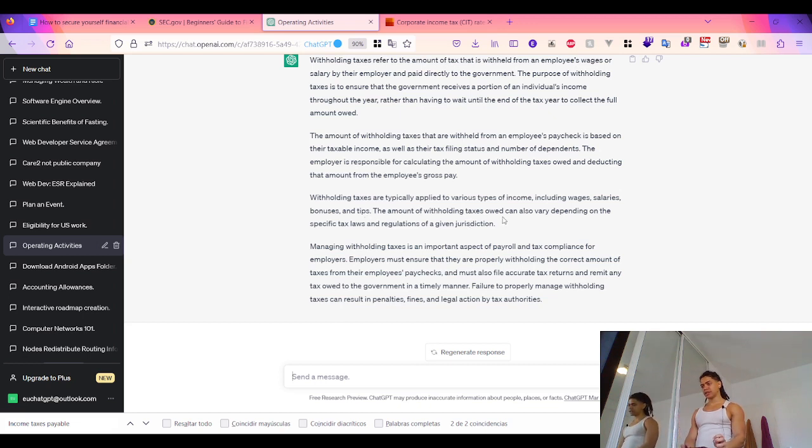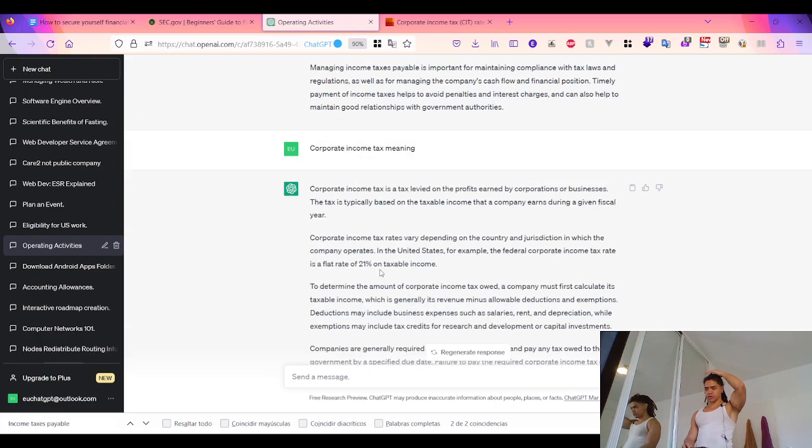The amount can also vary depending on the specific laws and regulations of a given jurisdiction. Managing withholding tax is an important aspect of payroll and tax compliance for employers. Employers must ensure they withhold the correct amount and file accurate tax returns and remit any tax owed to the government in a timely manner.